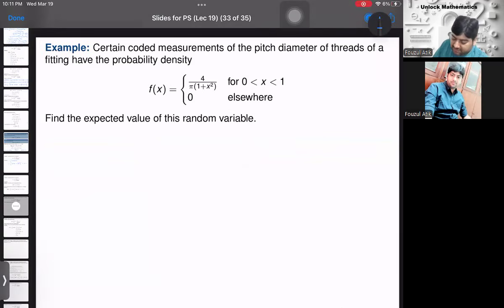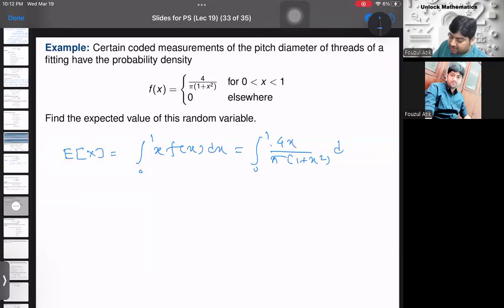If x is given, what is the expectation of x? It is the integral between 0 to 1 of x into f(x) dx, so the integral from 0 to 1 of 4x divided by pi into (1 plus x square) dx.